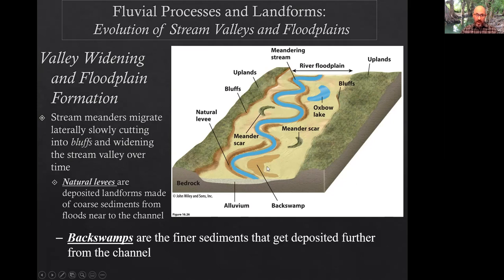It leaves back swamp, which is your light, nutrient-rich material in the floodplain that spurs growth, and that's why we farm in the floodplain, because all this back swamp is the rich nutrients that were dissolved in suspended loads, like the biomass that gets deposited there, while the heavier rocks and rubble get deposited on the cut banks, which slows down the natural rate of erosion, and the meandering just doesn't go crazy. If it wasn't for these natural levees being deposited after a flood event, stream meandering would be a lot more dramatic than it is currently.